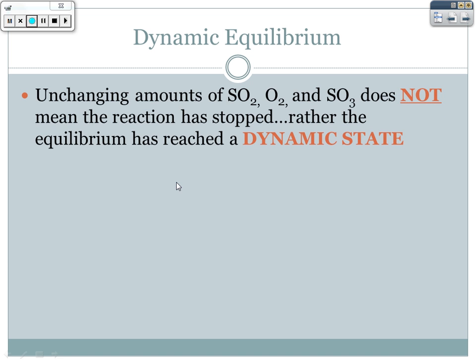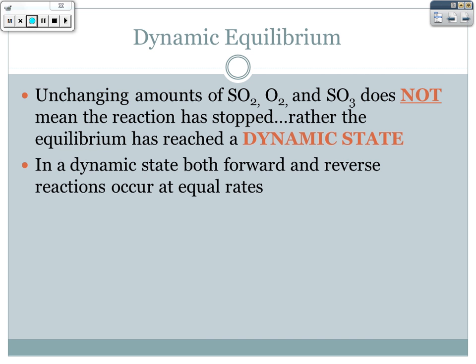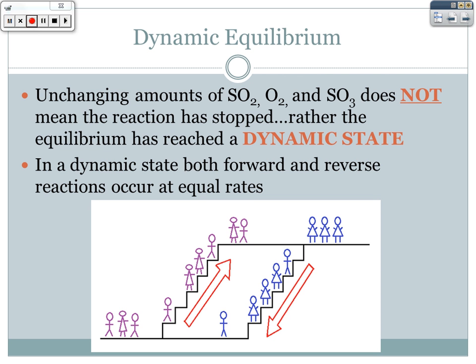Dynamic equilibrium, or unchanging amounts of SO2, O2, and SO3, does not mean the reaction has stopped. Rather, the equilibrium has reached a dynamic state. What a dynamic state means is that both the forward and reverse reactions are occurring at equal rates, or we've reached chemical equilibrium.